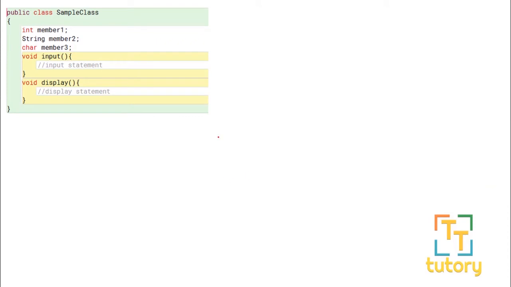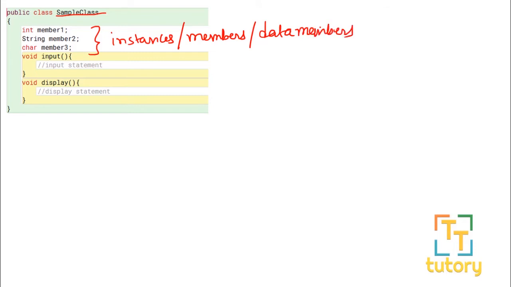Now this is an example of a sample class. This is an example of a class in Java. These are all known as characteristics or attributes, or here in programming language we call them instances or members or data members. These are all terms given to the characteristics which we relate to the real world.